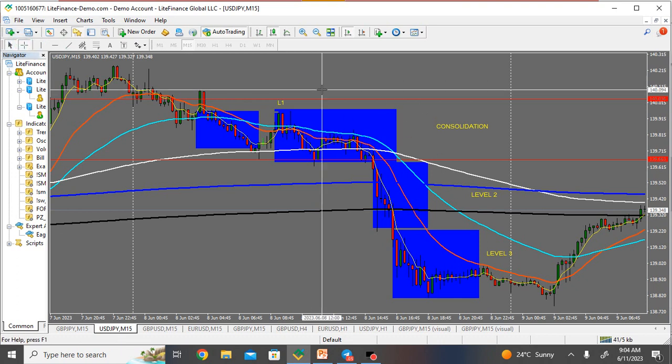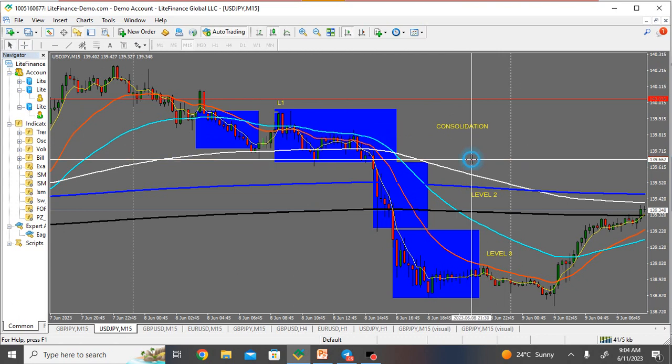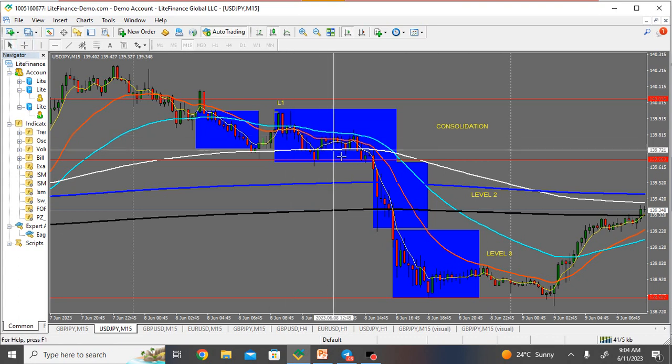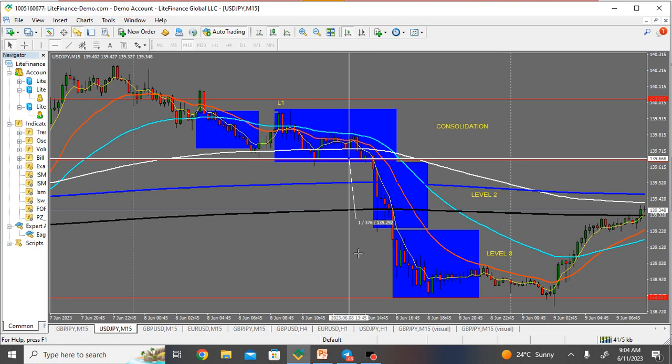The distance is almost 35 pips, then your target is here, almost 90 pips. See, so you risk 35 pips to get 86 pips.